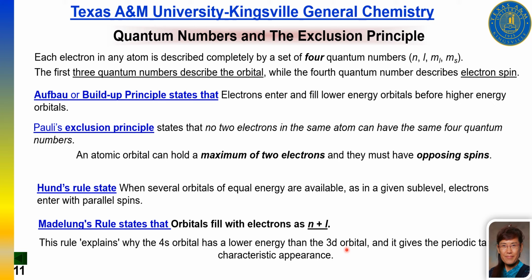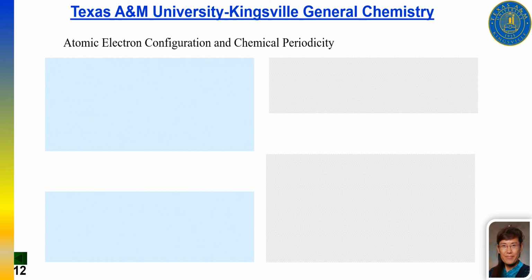You calculate the N plus L. 4s, 4 plus 0, s orbital L is 0, 4 plus 0, 4. 3d, 3 plus 2, d orbital L is 2, so that number 3 plus 2 is 5. 5 is bigger than 4. Therefore, 4s orbital has lower energy than 3d orbital. So that gives the periodic table its characteristic appearance.